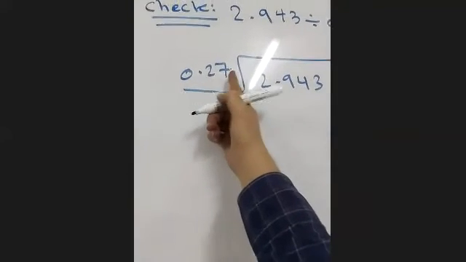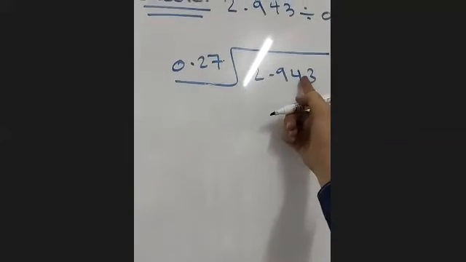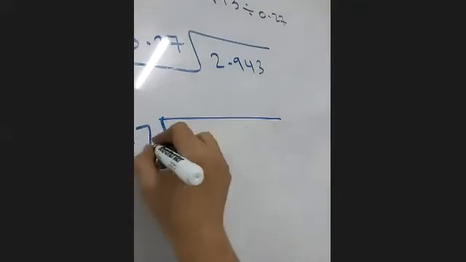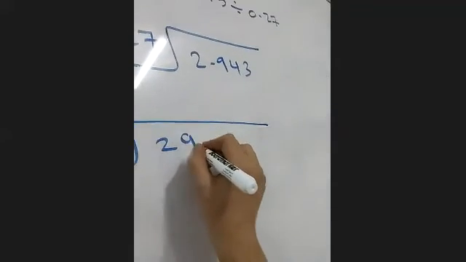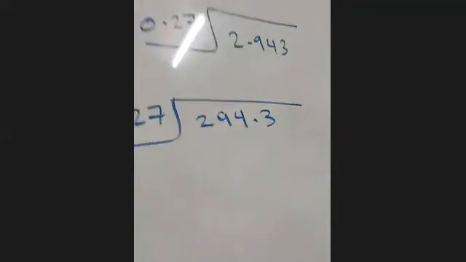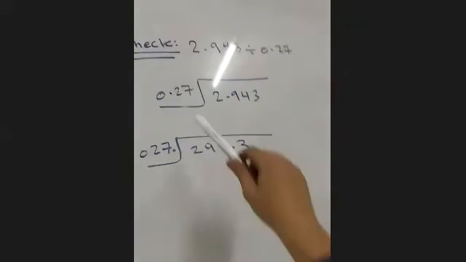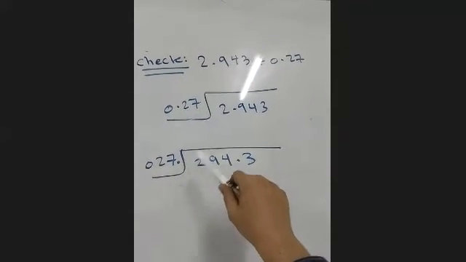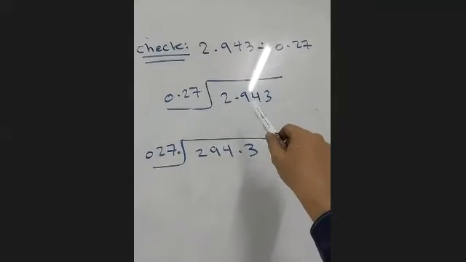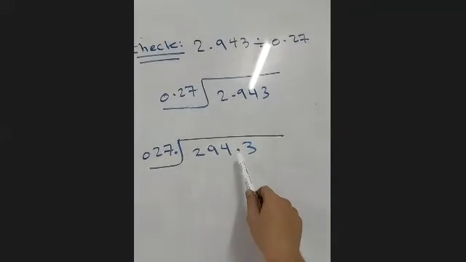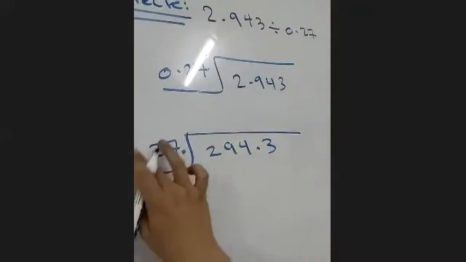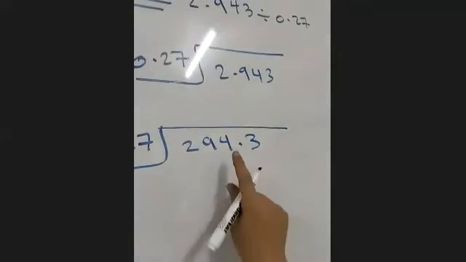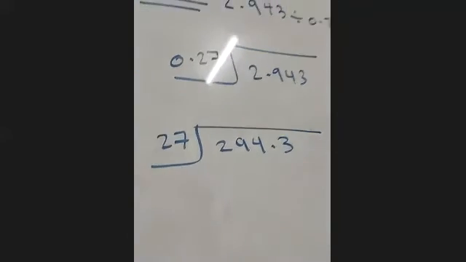So the new numbers are 027 and 294.3. This decimal became after the 7, and this decimal, also 2 digits, became before the 3. Now this 0 has no value, and the decimal at the end is not needed, but I cannot delete this one because it has a value after it.